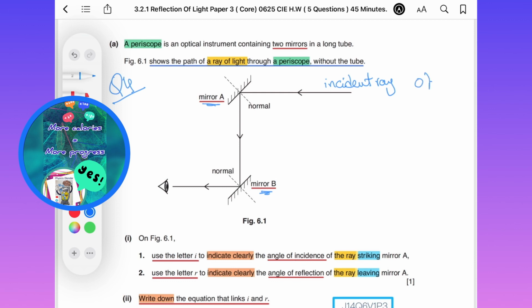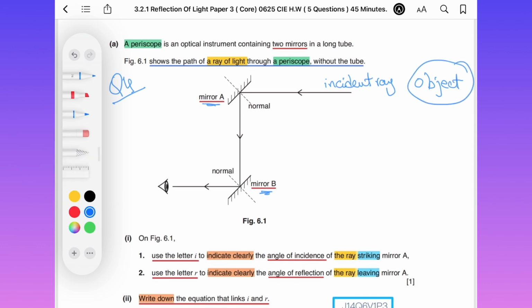You have here an object, but you are not looking directly at the object. I will show you now. We will discuss what are the uses of this periscope.